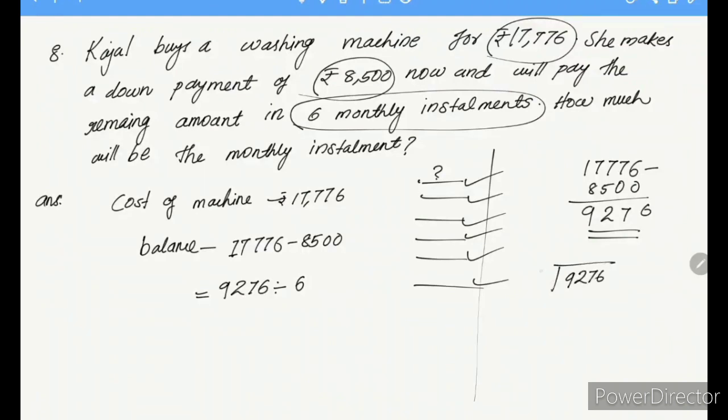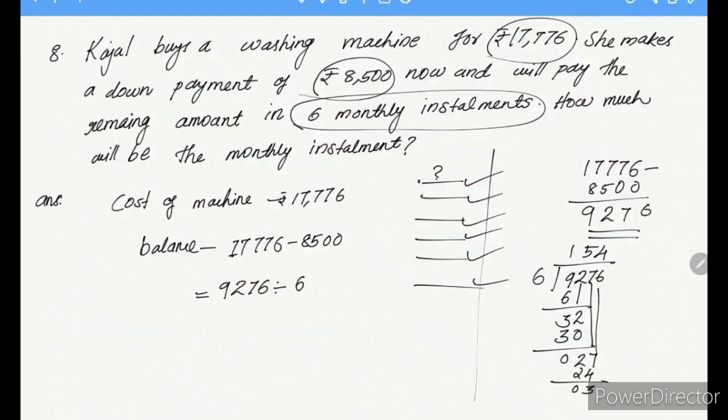9,276 divided by 6. 1 into 6, 6. 9 minus 6, we will get 3. And 2 we can write here. In 32, how many 6 in 32? Yes, 5. 5 into 6, 30. And 2 minus 0, 2. 3 minus 3, 0. Now we can write the 7 here. How many 6 in 27? 4 times. 4 times 6, 24. 7 minus 4, 3.